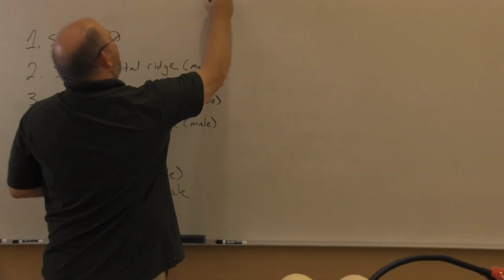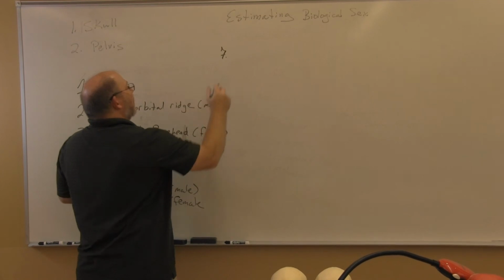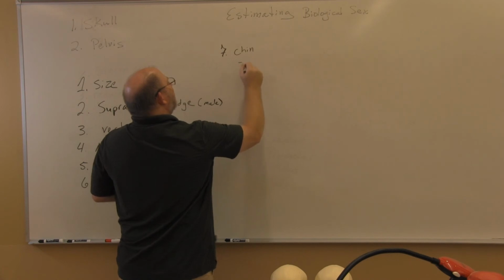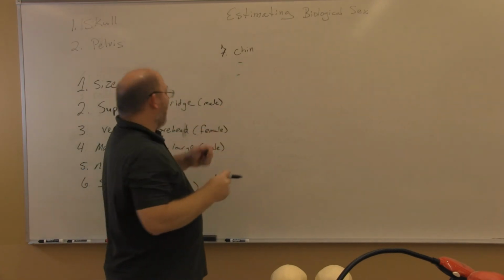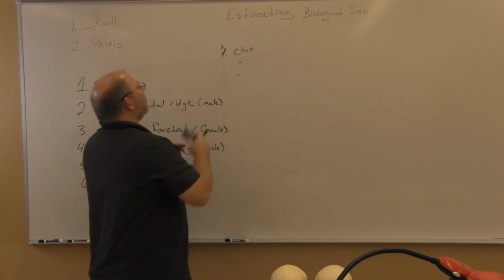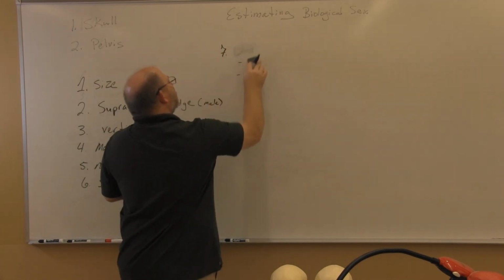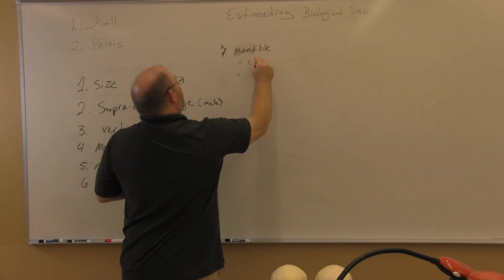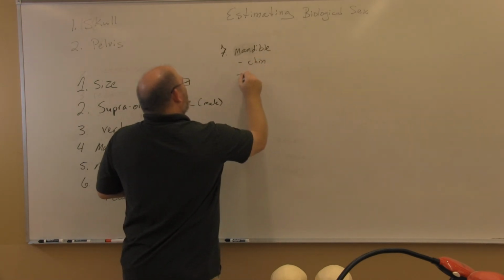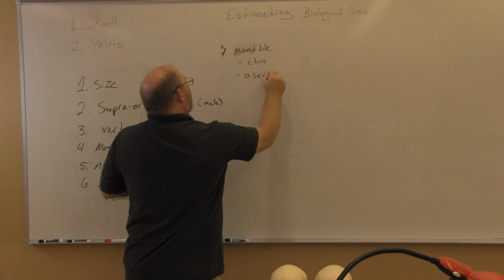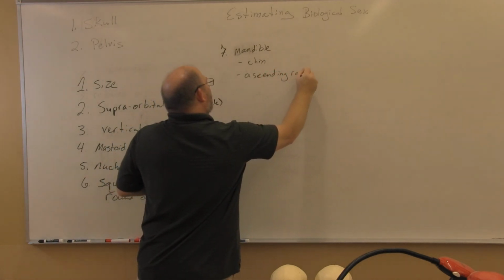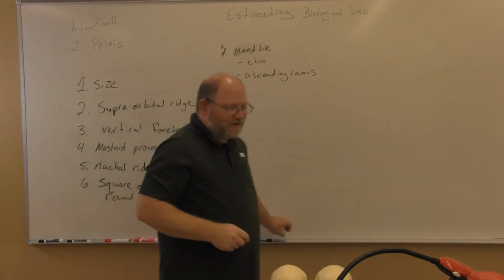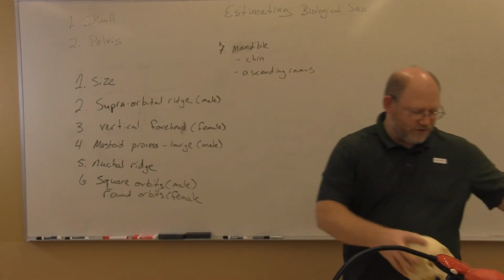All right, then the last characteristic to bring up for the skull is with the chin, on the mandible, on the jaw. There are two characteristics that we pay attention to with the mandible, with the jawbone.